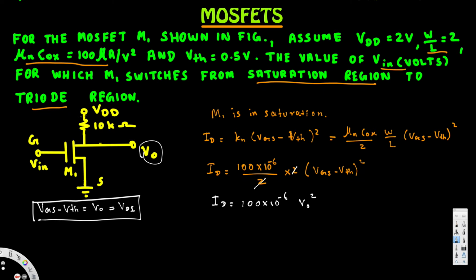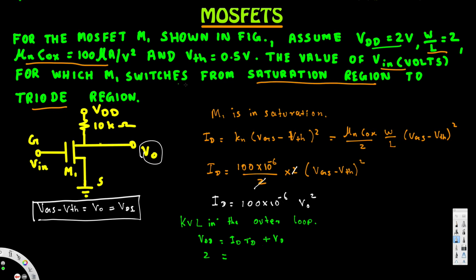Now we have to find out what this VO is. In order to find this, we can apply KVL in the outer loop. If we apply KVL in the outer loop, this VDD must be equal to ID, the drain current, times the drain resistance RD, plus VO. Now VDD is given in the question, that's 2 volts, so this is 2, and ID, do we know ID?